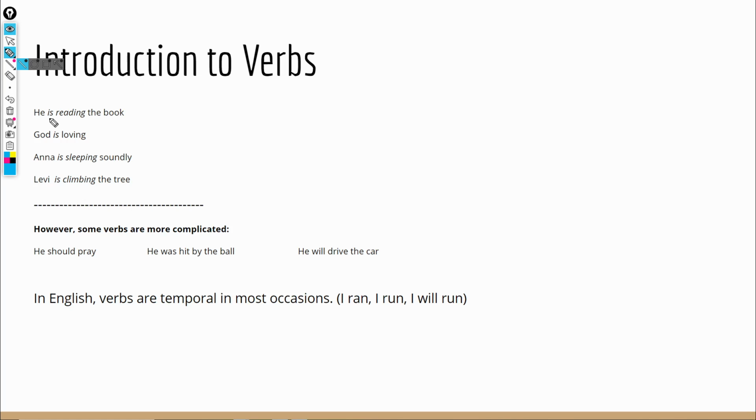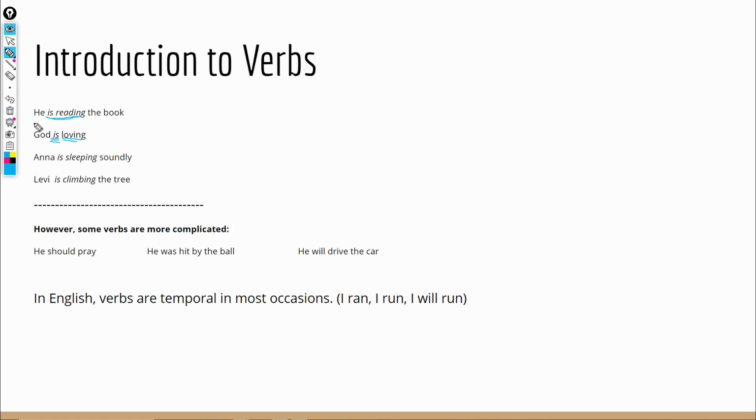If I were to say he is reading the book, is reading, that is a verb. It's an action word. Or if I were to say God is loving, it depends how you're using the word loving. If you were to say God is loving the world, that becomes a verb.